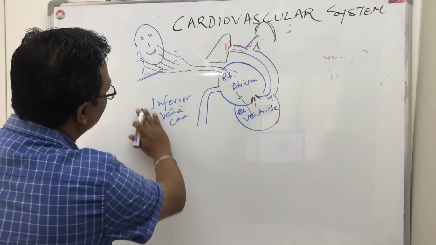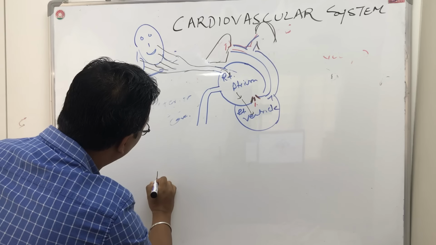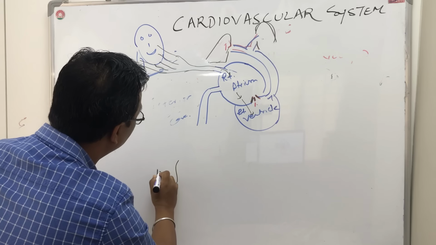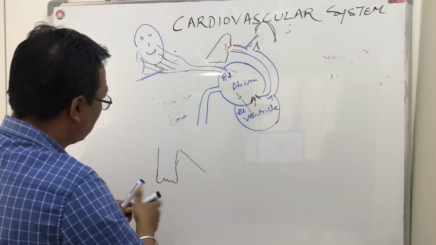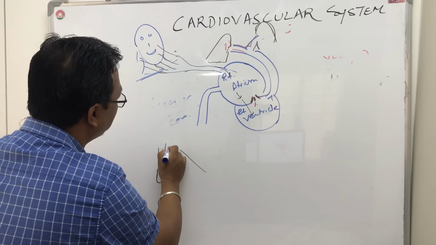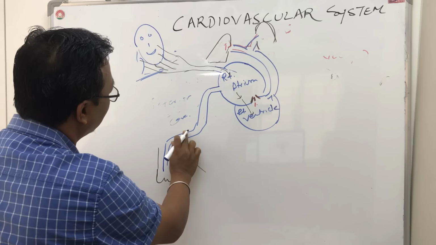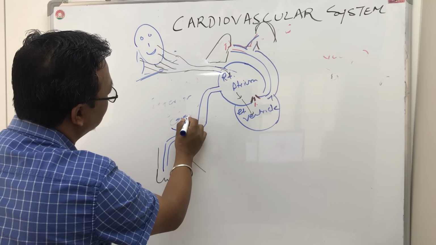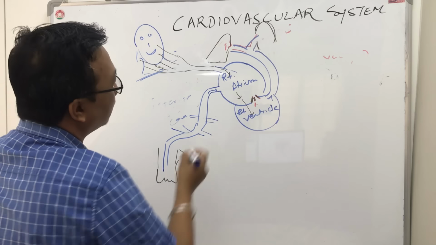It collects the blood from all the distant parts of the body, from the lower limbs, from the abdomen. It joins, collects, and drains into the right atrium.